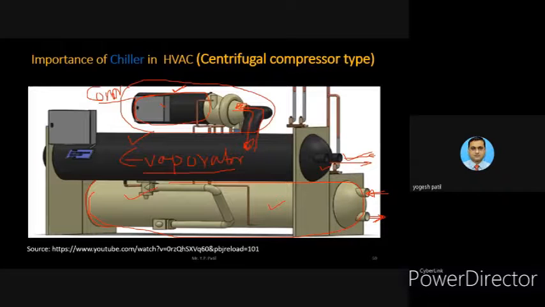The temperature of the refrigerant from the compressor is higher, and it is in vapor form. So in the condenser, there is a conversion of vapor into liquid form with low pressure, low temperature. Correct? During the conversion, heat exchange takes place, and that heat gets exchanged to the cooling tower water, at the tower's outlet.